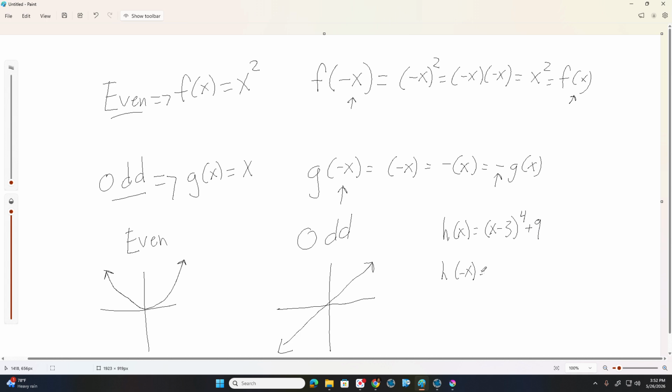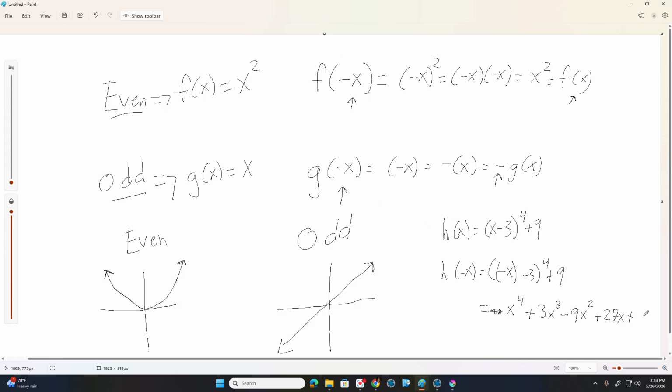H of negative x is going to be negative x minus 3 to the 4th plus 9, which is, of course, multiplying it out, going to be x to the 4th plus 3x cubed minus 9x squared plus 27x minus, or plus, I'll be honest, I picked a bad one to start.